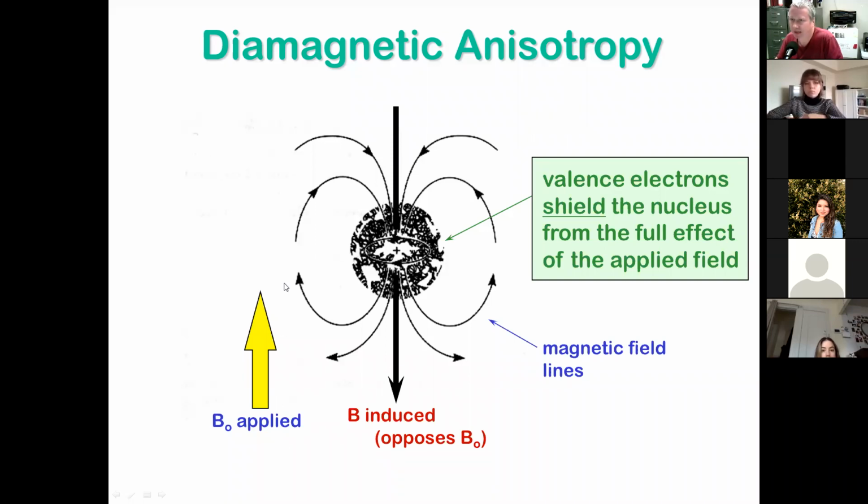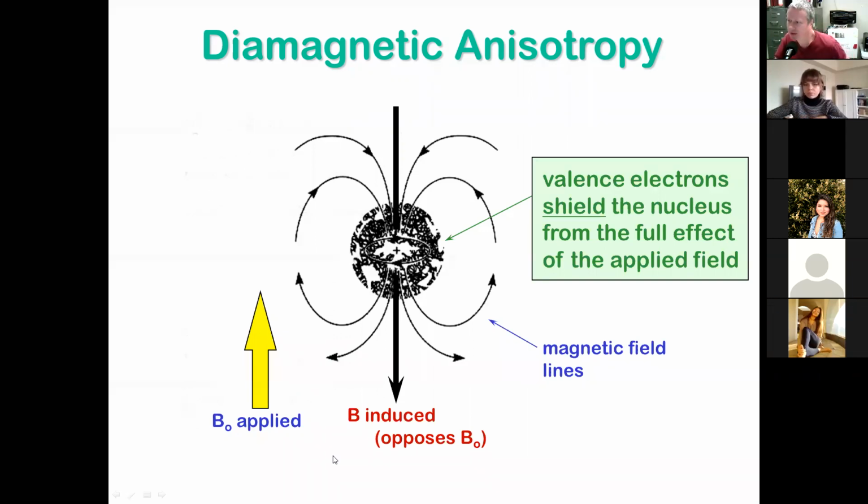So you have an applied field and an opposing field. The opposing field opposes the applied field, and it kind of prevents the full effect of NMR. What would be a good name for this? It's shielding. These valence electrons are shielding the nuclei from the full effect of the magnetic field. That's the word, shielding.